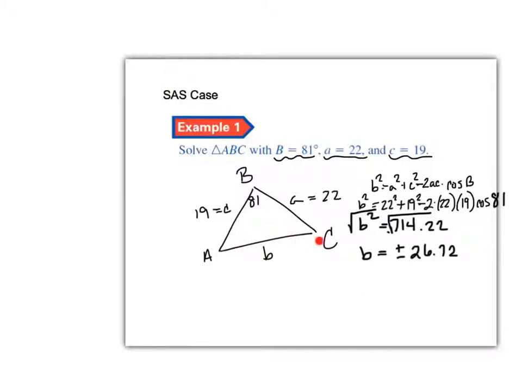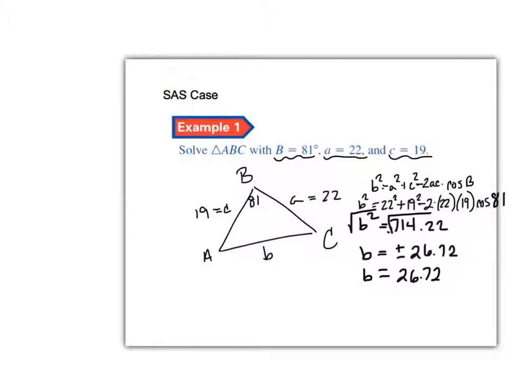It doesn't make sense for us to have a negative side length. So I'm going to erase the negative one and just leave it with positive, okay? So we're just going to have the positive side length. Alright, so b equals 26.72. So that's the length of b.